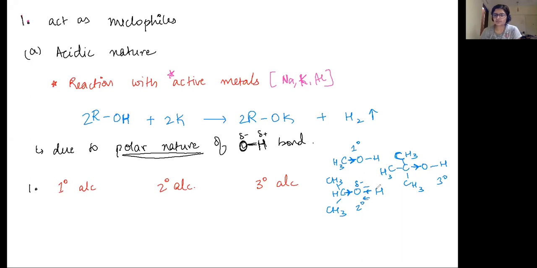Oxygen is trying to pull, but the groups are trying to push the electrons towards this side. So overall the polarity has reduced a bit, the difference in the charge separation. So if you compare primary, secondary and tertiary, which one will have maximum polarity, which one will have minimum polarity? Ria.